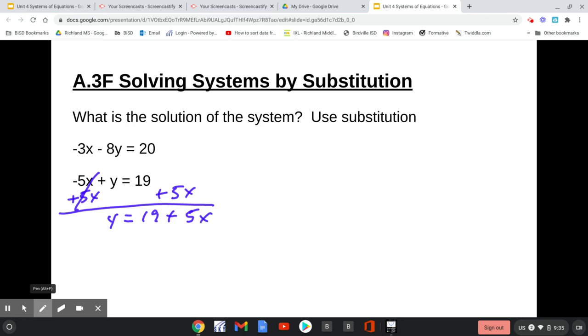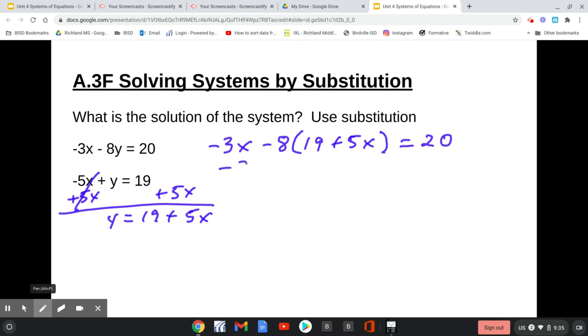And I can plug that one into our first equation here, which is negative 3x minus 8 times y, which is 19 plus 5x, close parentheses, equals 20. So let's get rid of the parentheses.